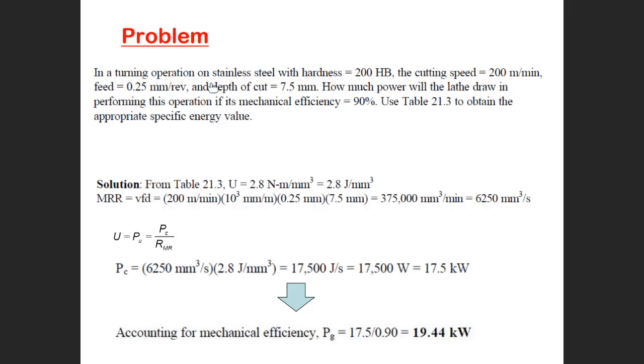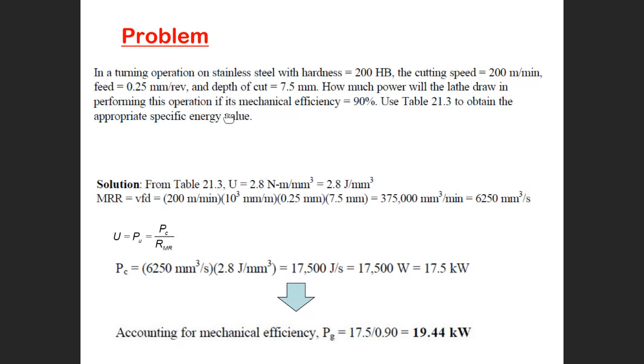In a turning operation on stainless steel with a Brinell hardness number, the cutting speed is 200. Feed is 0.25 millimeter per revolution. Depth of cut is 7.5 millimeter. With v f d, the material removal rate can be obtained.